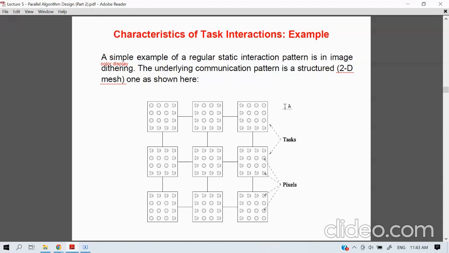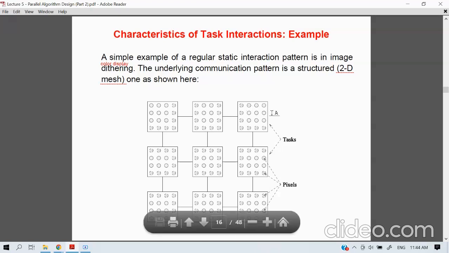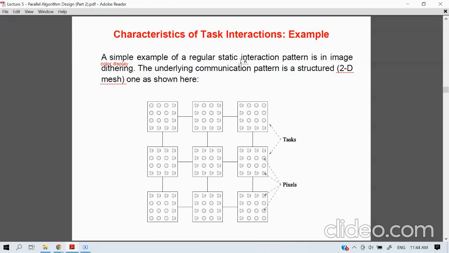Basically they have the same size, and they know in the earlier stage which task needs to communicate with which task. That's why they use a 2D mesh to make the interaction between the tasks. So this is an example of a regular static interaction pattern. Why regular static? Because we know in the earlier stage what kind of tasks need to communicate with another subtask.